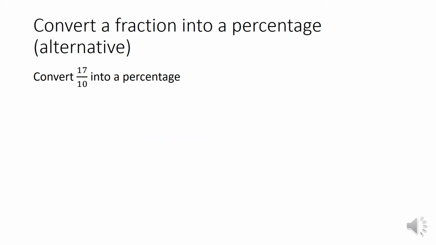Okay, and last one, we've got convert 17/10ths into a percentage. Again, same method, we're going to get a bit of an unusual answer though. So 10, what can we times that by to get 100? Because we want our denominator to be 100, that's by 10. So we end up with 100 on the denominator. Numerator, we have to do the same, we times that by 10 as well.